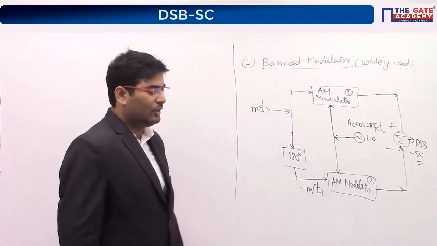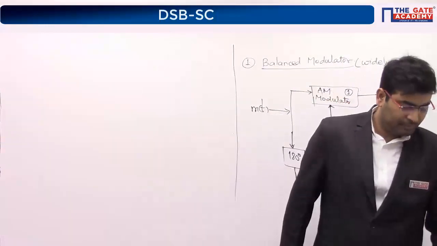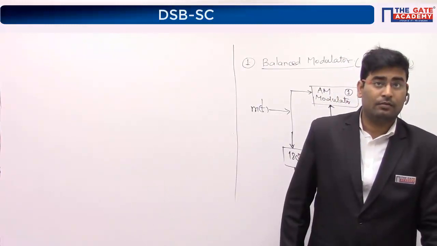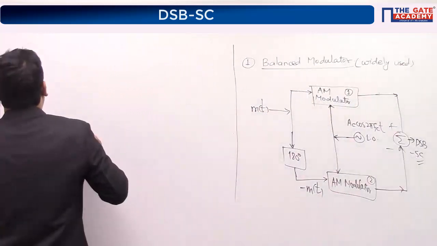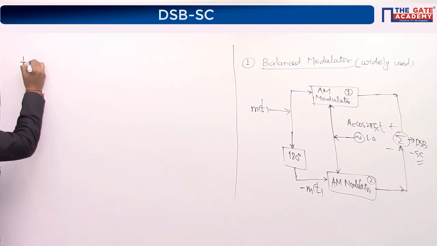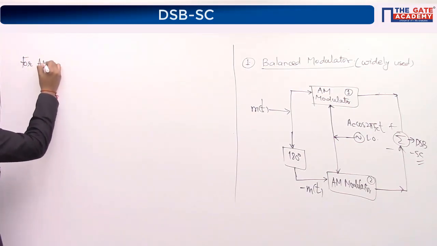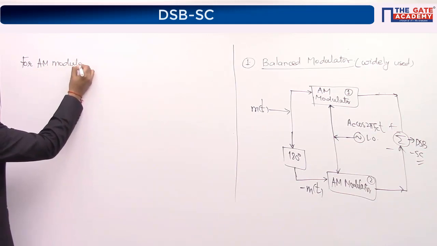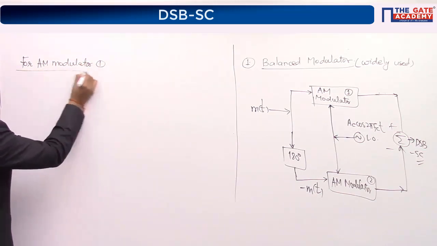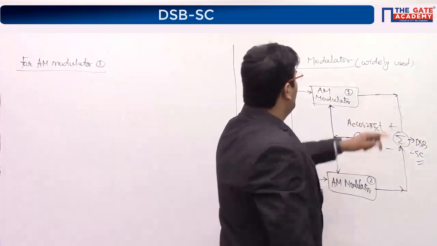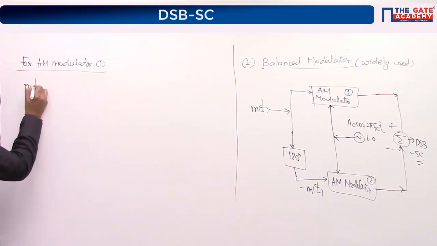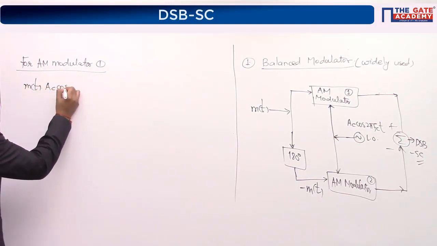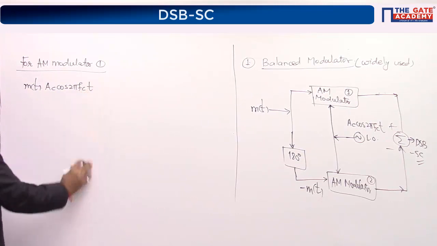Now we'll get into the equation mode. So for AM modulator 1, what is the output you get here? I'm talking about this output. For AM modulator 1, you will get M of t into AC cos 2 pi FCT.